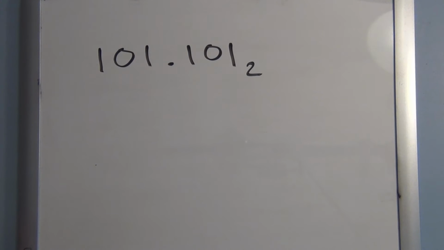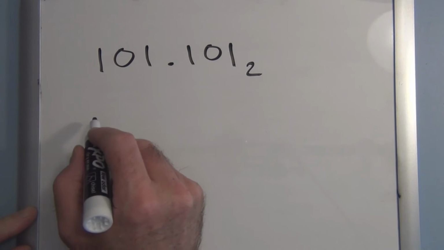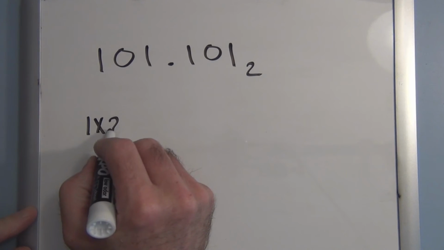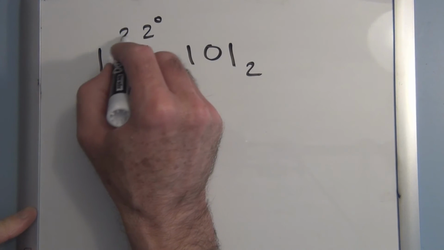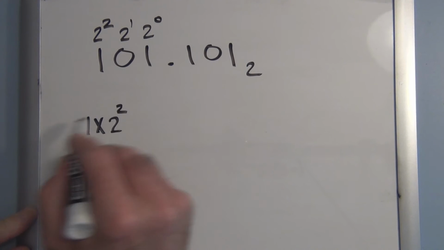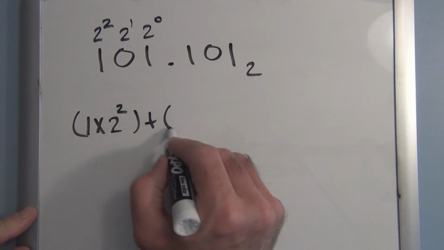So here's a binary number with a fractional part. So again, this here would be 1 times 2 to the 2 plus 1 times 2 to the 0. This is 2 to the 0, 2 to the 1, 2 to the 2.